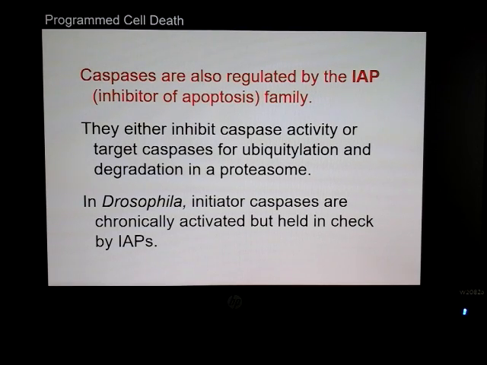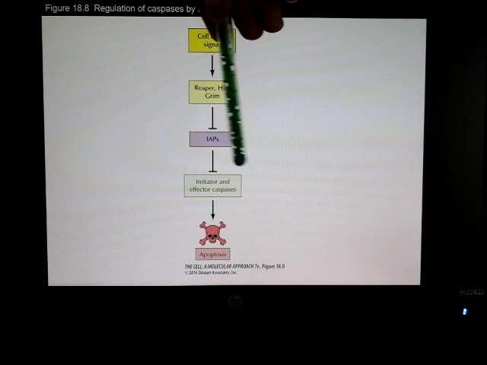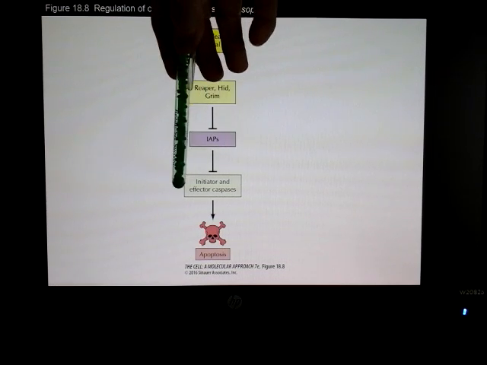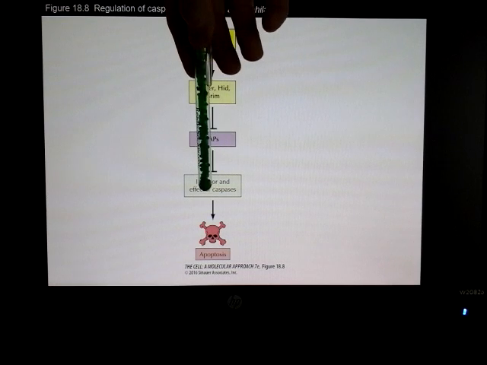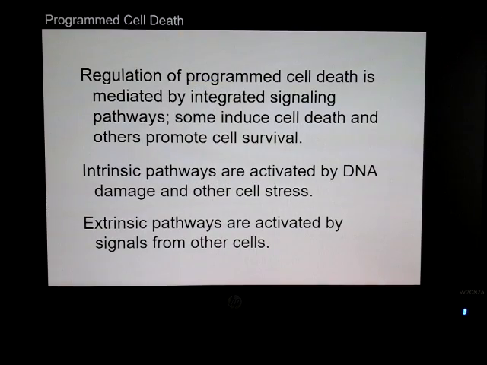So they're also regulated by inhibitors of apoptosis, and there's a few of those that are out there. I like the name of this one, Reaper and Grim. Okay, so here's your death signal. Reaper and Grim then are going to be inhibitory. They inhibit the initiator and effector caspases, and then you're going to get the apoptosis.